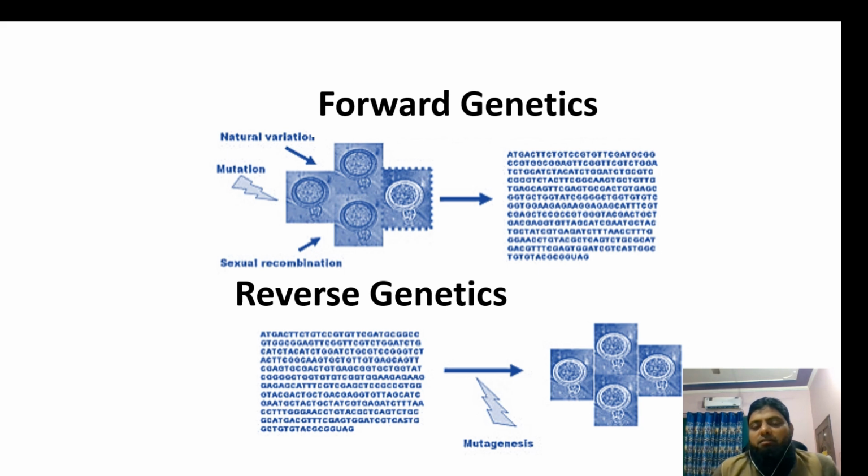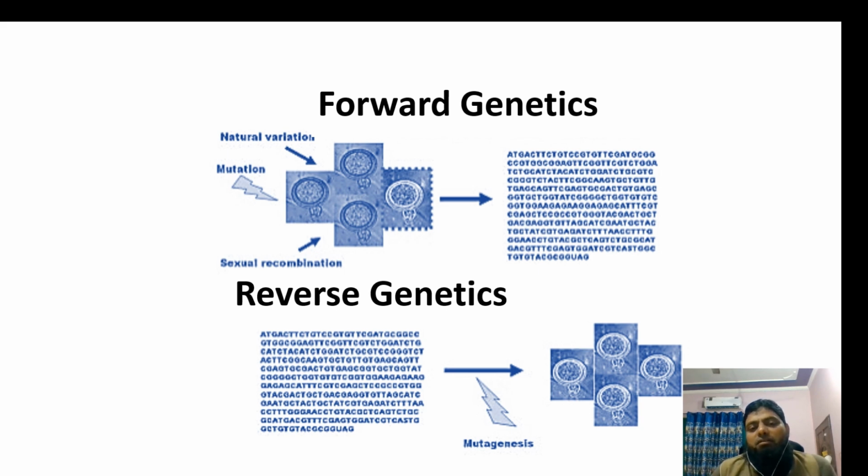Once we have determined the sequence, predicted the antigenic epitopes, and how the proteins are interacting with each other, and how the virus is interacting with the host cells, by utilizing that information, we can also go for reverse genetics. That means we are utilizing the genetic information to reorganize it in such a way that phenotypic traits, which are of our own interest, can be developed.